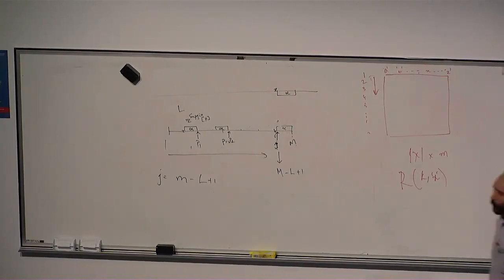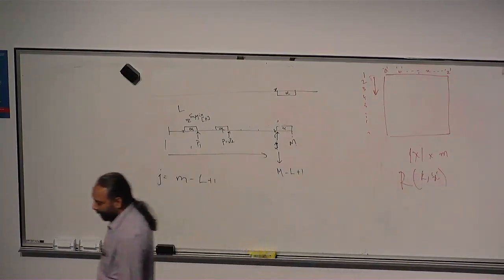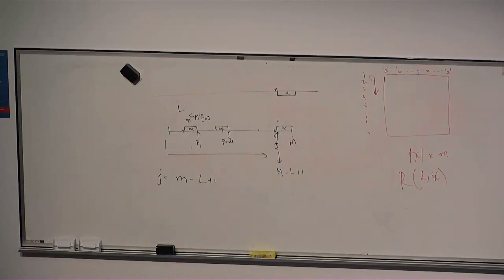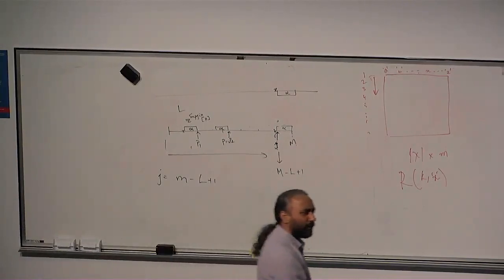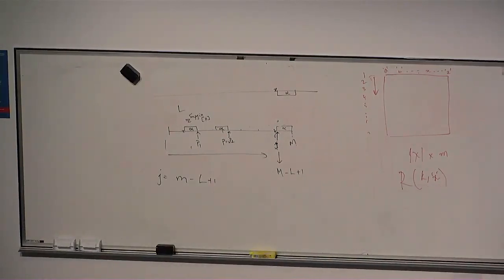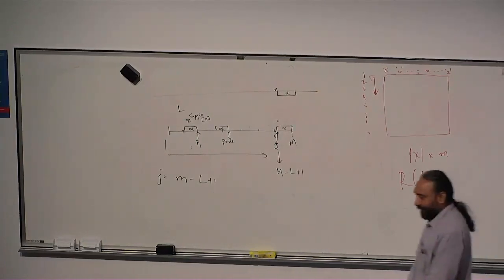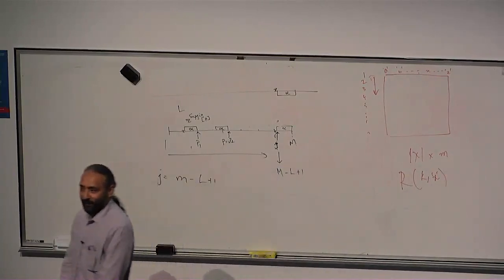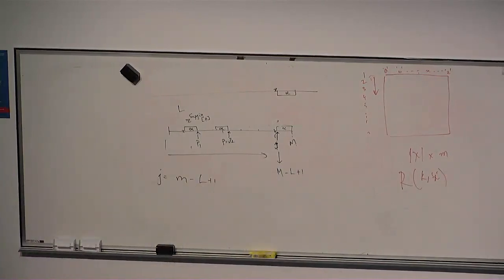Now, I want to pause and flag one thing about the pseudocode. Can you please look at line 3 of the pseudocode? What's the range? 1 to m plus 1. That's a bit weird. There's no reason for you to initialize greater than the string length.